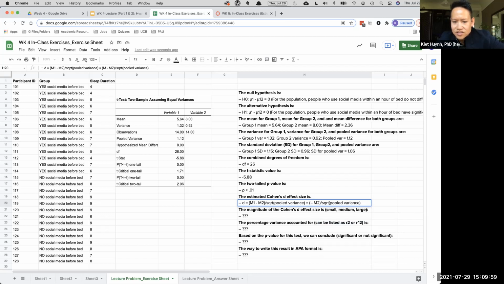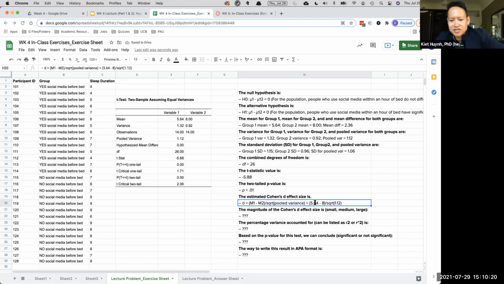The mean of group 1 is 5.64. The mean of group 2 is 8. The pooled variance is 1.12. Here it is. And remember, this is just text right now.